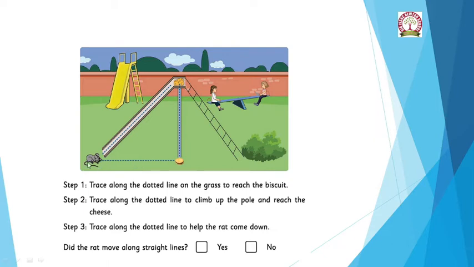Now I'm going to help this rat reach this biscuit. What I'm going to do is take this biscuit from here and place it here, right? Then this dotted line will get extended from here to here. So the definition of a line is that we can extend it in both directions.